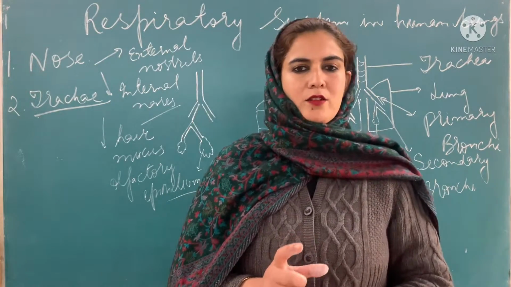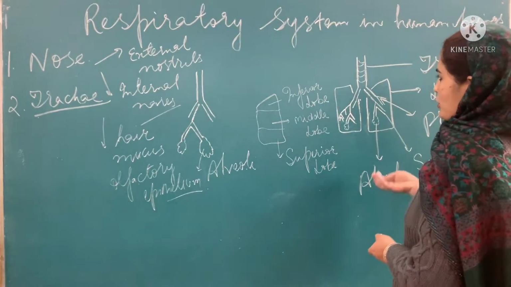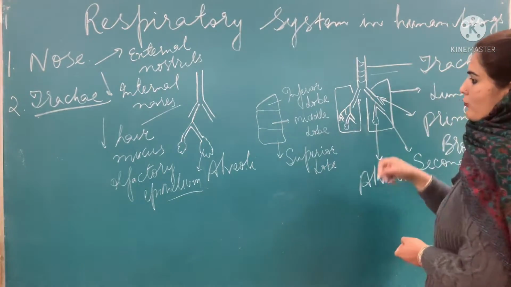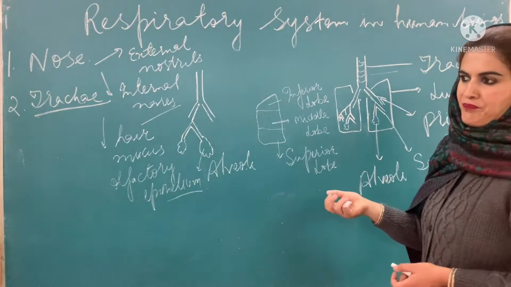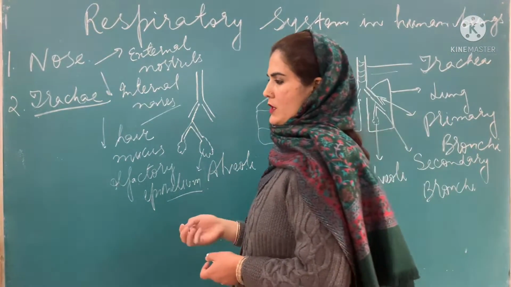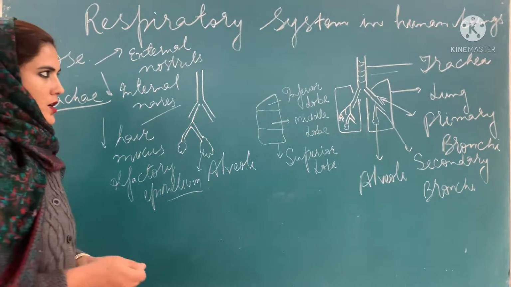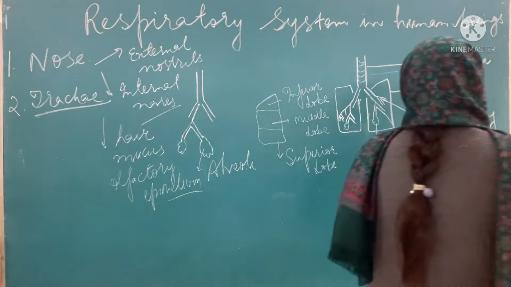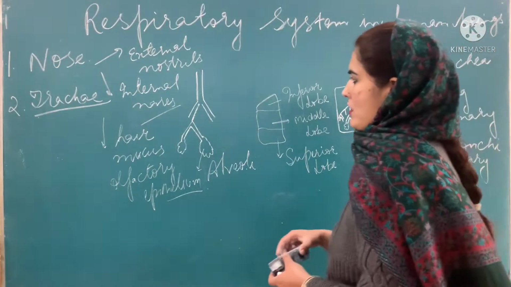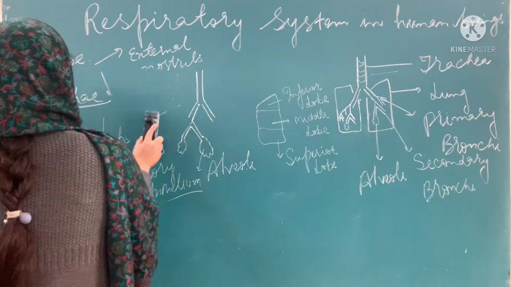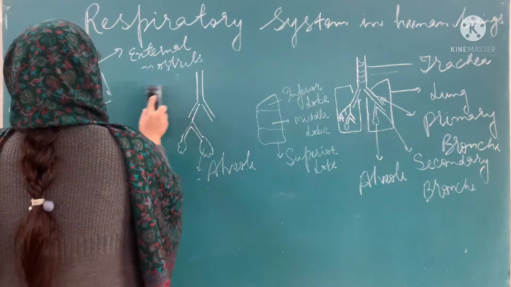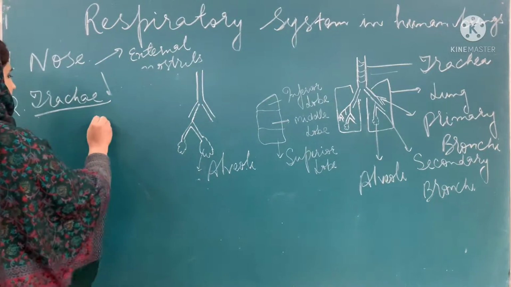Cartilage is basically a soft bone, and these rings prevent it from collapsing. In this trachea there is a slit-like structure which is called the glottis.